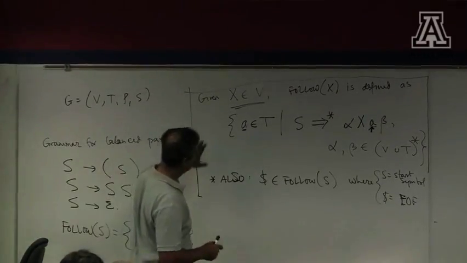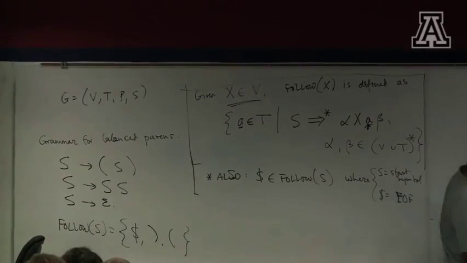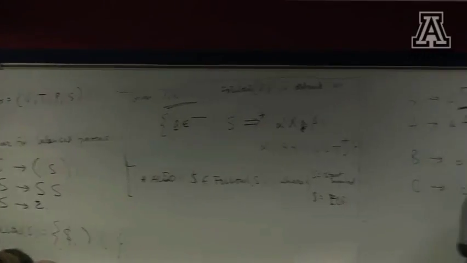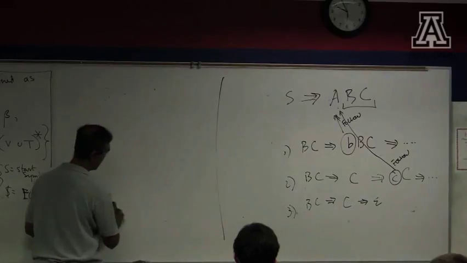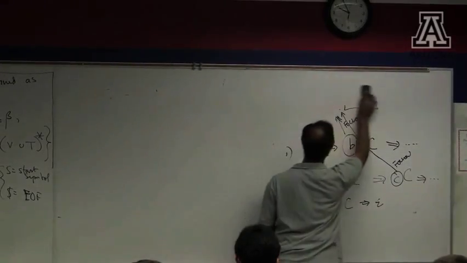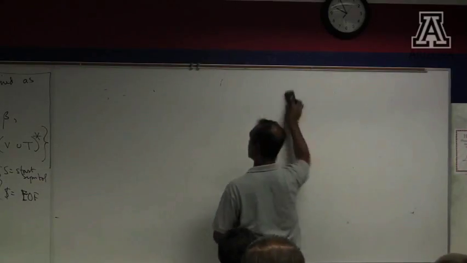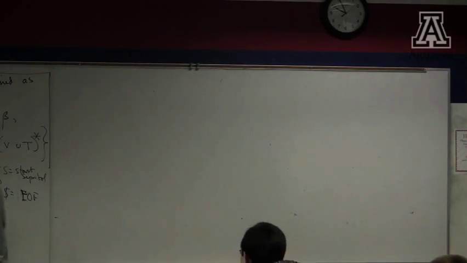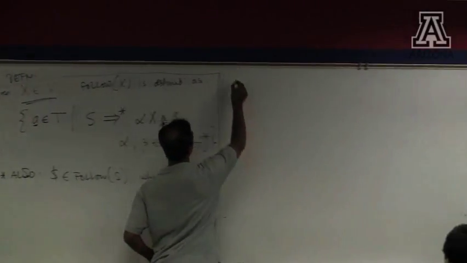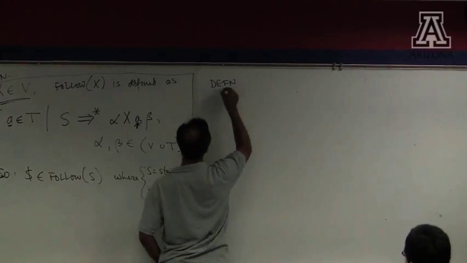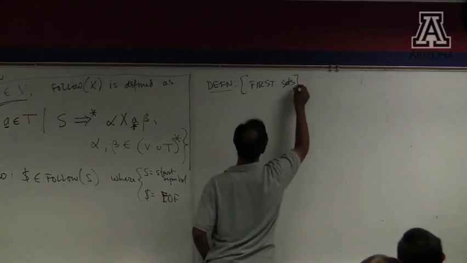Okay, so in order to compute follow sets, I need to compute what can come at the beginning of something that a sequence of grammar symbols can derive. And that is important enough to have a name. It's called first sets. So just as this was a definition, here's a definition. First sets.